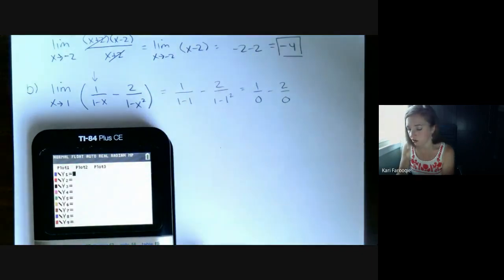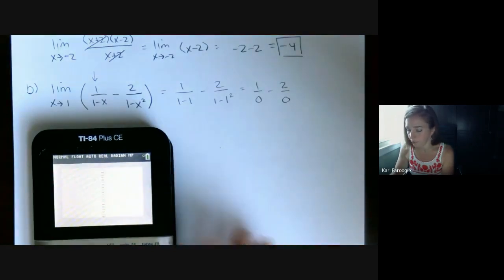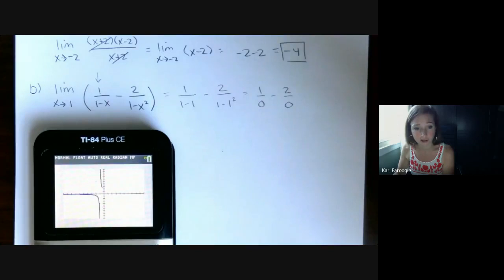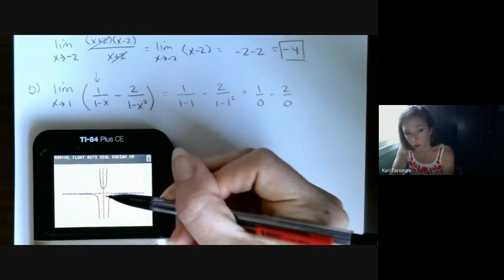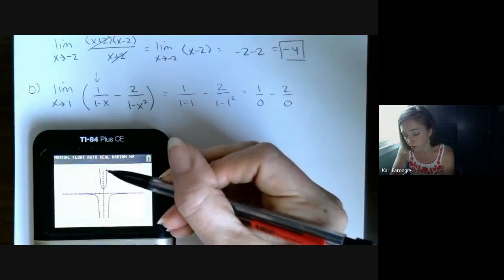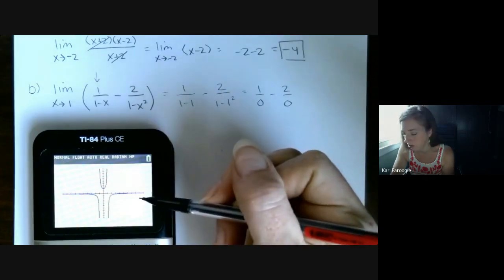If you were actually to look at the other function, 2 divided by 1 minus x squared, graph that. Again, clearly you're going to have a domain issue at 1, and you have something similar occurring. On one side, as you approach 1 from the left, your function continues to go up towards infinity, kind of giving you a lead in here to next week.